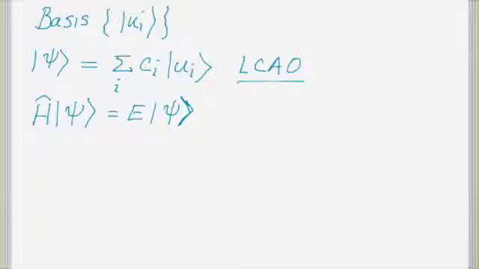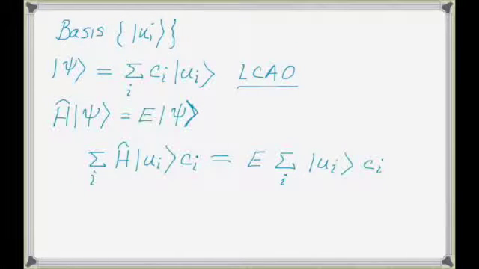So I'll move my sum out here: H, sum over i, u_i, c_i. Right, c is just a number, I can move it around, is equal to E times this same sum. All I did was replace psi with this sum.